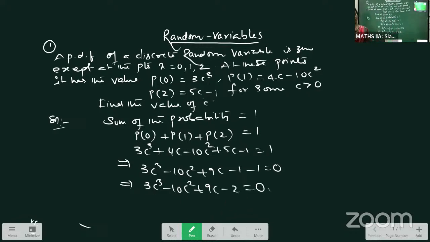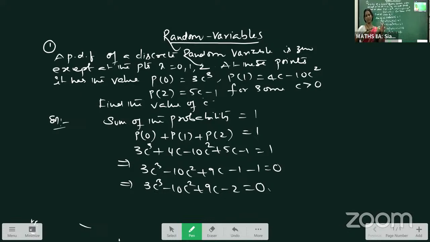Now what we have to do? By the trial and error method. What is the meaning of the trial and error method? We have to substitute some numbers in place of c, and see which number satisfies that equation, that is equal to 0. If you get that, that is the solution of that equation. Once again, I'm repeating the same point here. In place of c, you substitute one number except 0: 1, 2, 3, 4, like that.